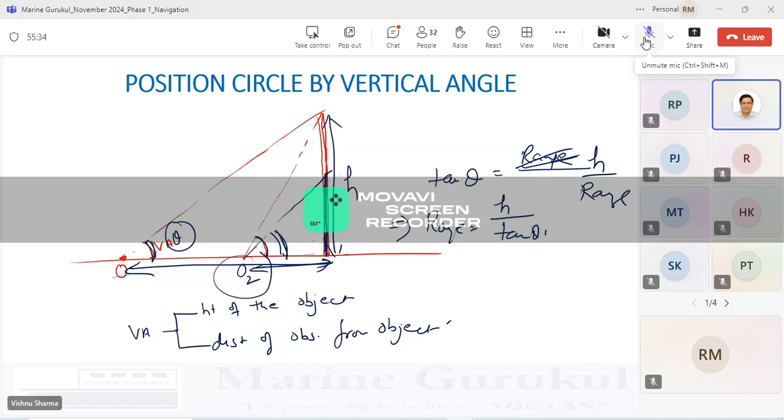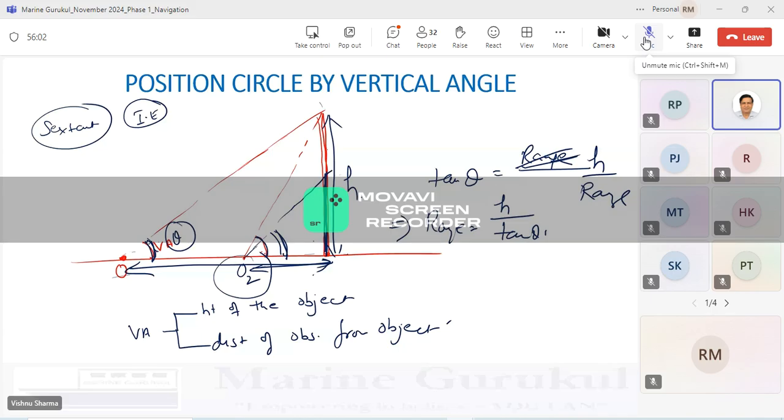I said, okay, you measure this angle. How do you measure this angle? On the ship, to measure this angle, you use a sextant. Now, every sextant has its error, like a watch has an error, likewise a sextant also has an error, and that is called the index error. When you measure this angle by the sextant, it will not give you the correct angle.